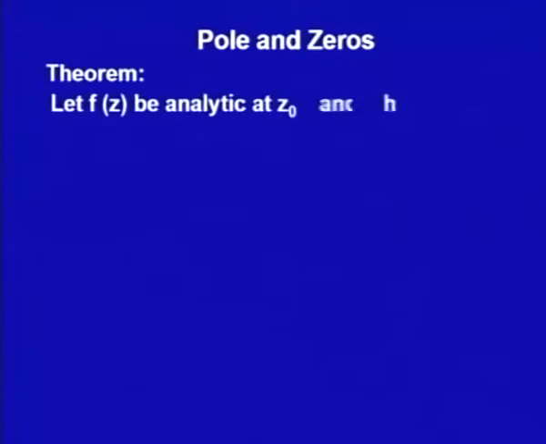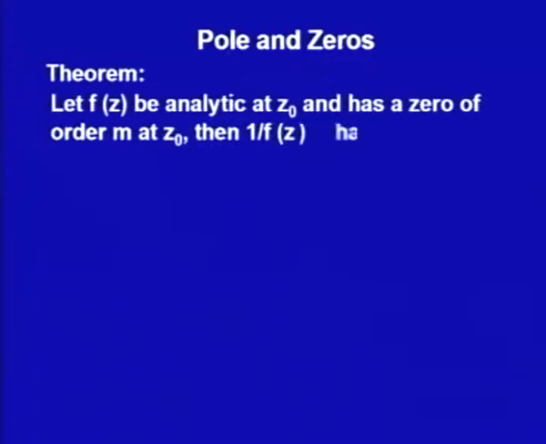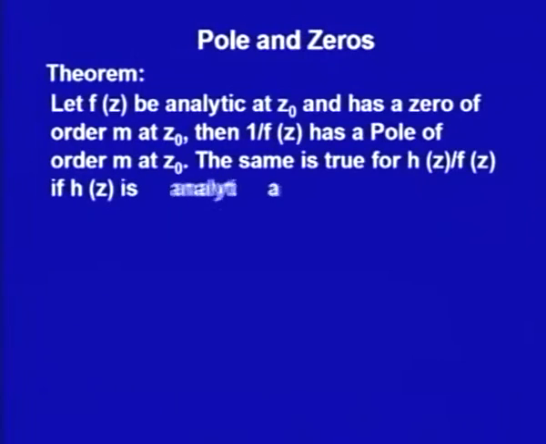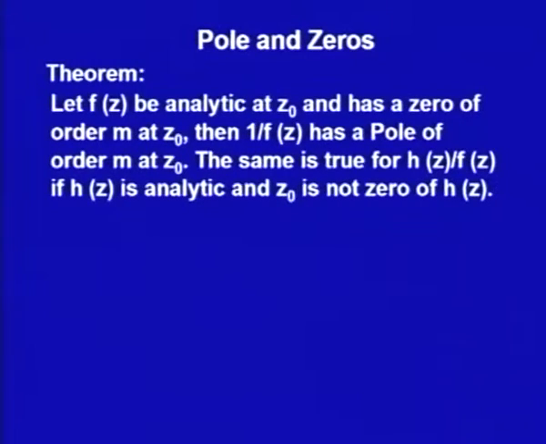The result says if f z is analytic at z naught and has a 0 of order m at z naught, then 1 upon f z has a pole of order m at z naught, and the same is true for h z upon f z if h z is analytic and z naught is not a 0 of h z.